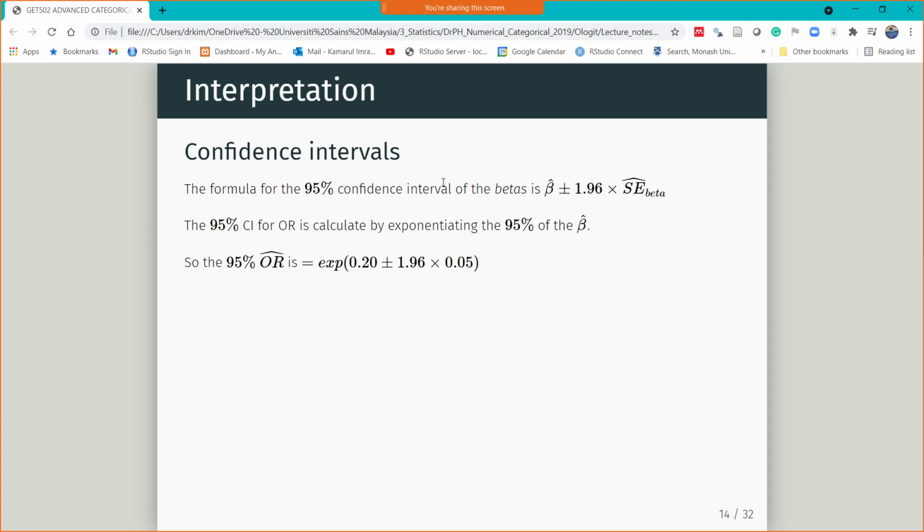Sorry, you have to take beta hat plus 1.96 times standard error and beta hat minus 1.96 times standard error. Then only can you exponentiate to get the odds ratio. So the 95% confidence reflects that in a larger study, 95% of the time the true value in the population will lie between the 95% confidence interval.